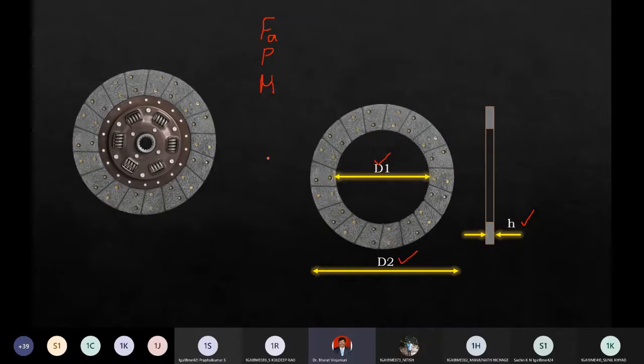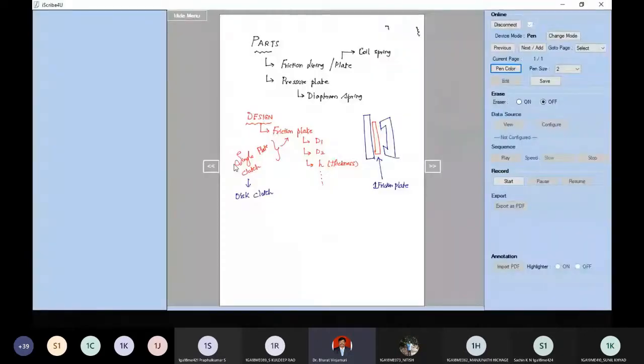the main parts I am trying to talk about: there is something called a friction lining or friction plate. You have something called a pressure plate. Now you have springs. And one more important point, guys, your shaft is also one of the parts. Plus you have a shaft, because the entire clutch is mounted on a shaft.